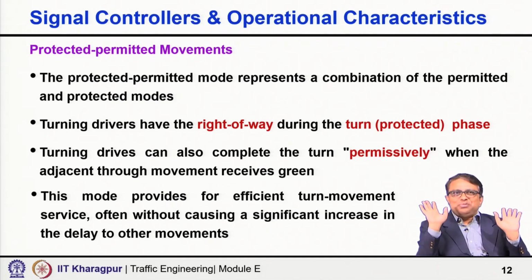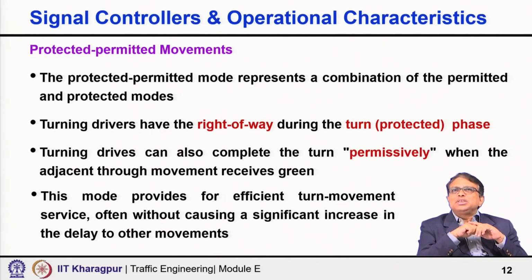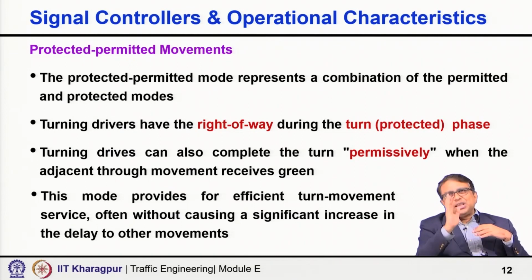So, both are there. The turning drivers have the right of way during the turn, that is the protected phase, and turning drivers can also complete the turn permissively when the adjacent through movement gets green. That means the opposing movement is happening with a green, but you are still given a permitted right turn.